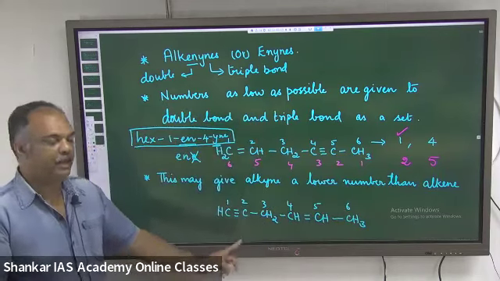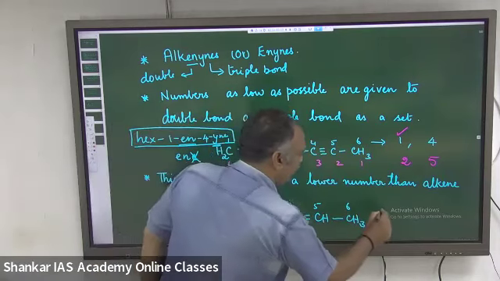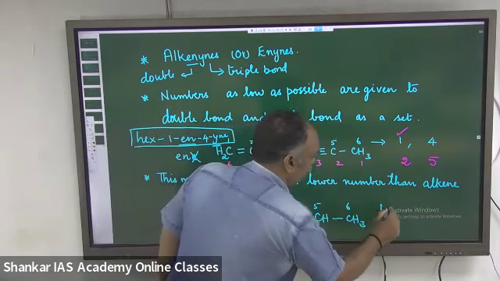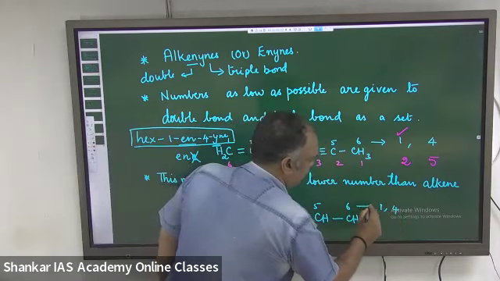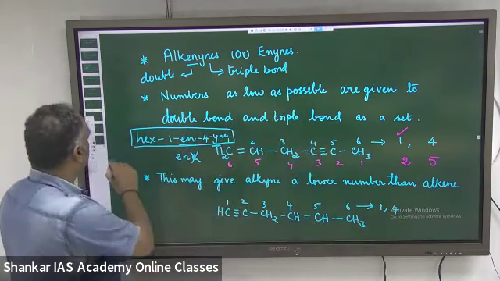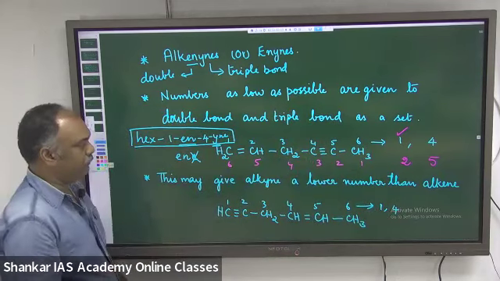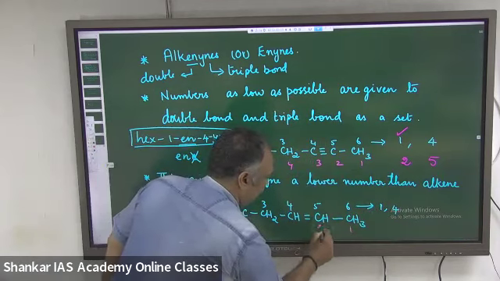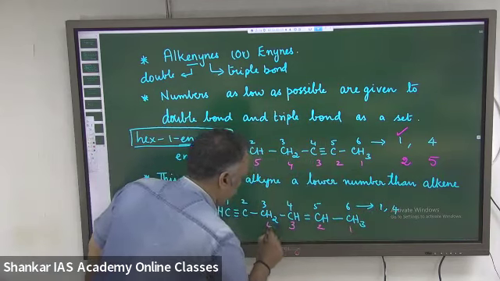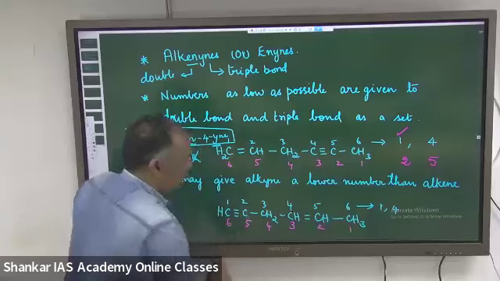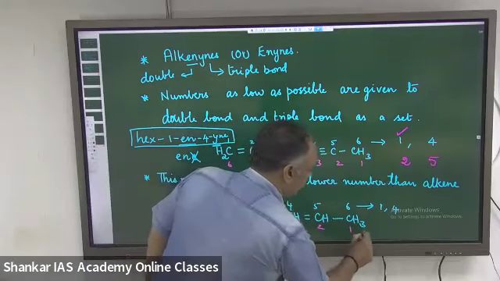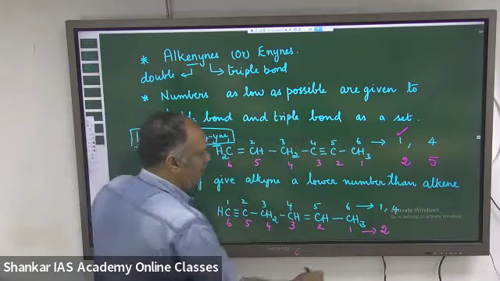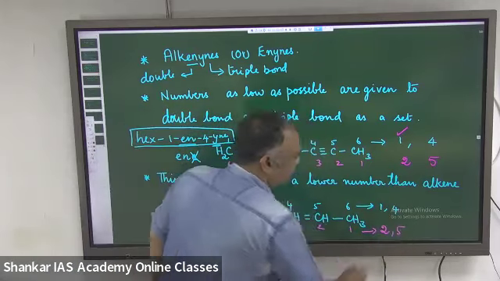When I start numbering from left, I get alkyne at first position and alkene at fourth position. On the contrary, if I start numbering from right to left: 1, 2, 3, 4, 5, 6, you get alkene at second position and alkyne at fifth position.